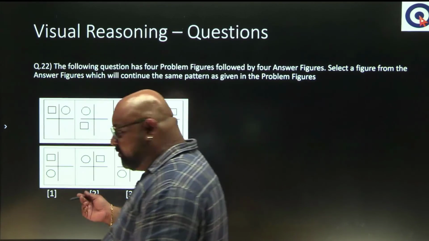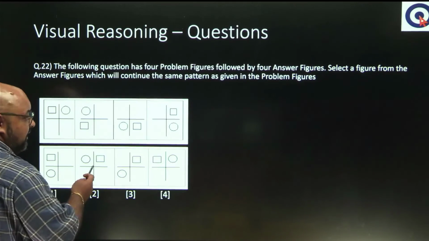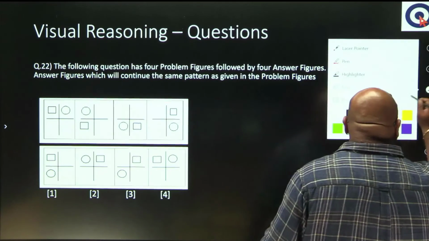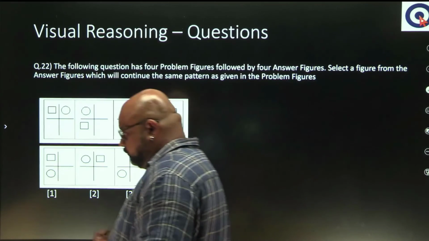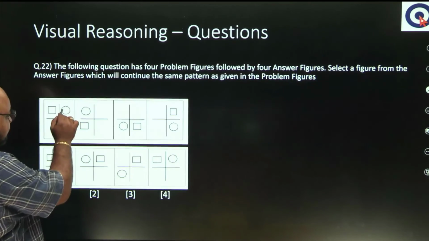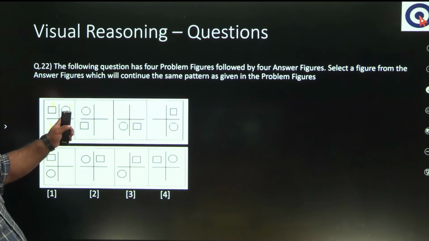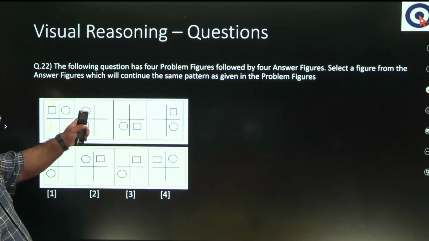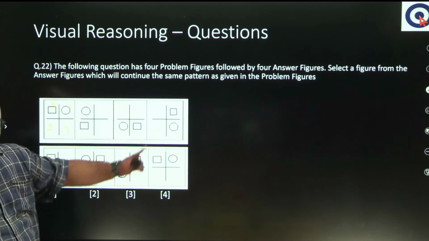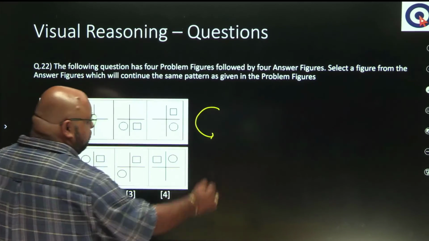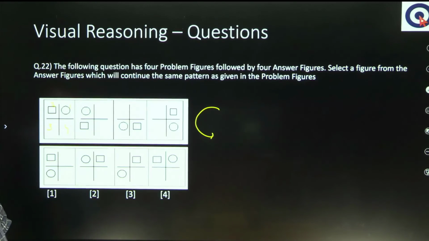For example, if I look at the circle and I say that these are quadrants 1, 2, 3, 4. Circle goes from 1 to 2, then 2 to 3, then 3 to 4. So basically what the circle is doing is, it is going in the anti-clockwise direction, one quadrant at a time. What happens with the square?